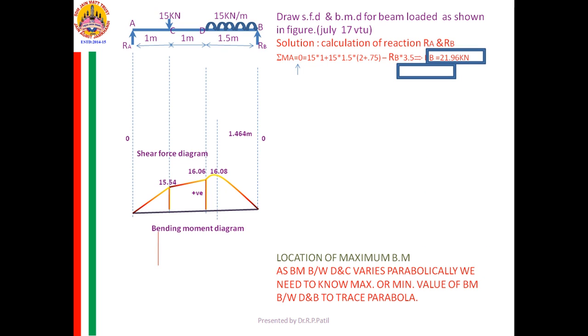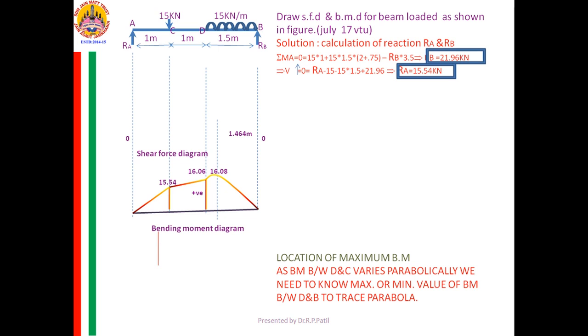Now I need to calculate the value of RA. Either you can take total of vertical force equal to 0, or you can take moment about the point B. Vertical force equal to 0, upward I am taking positive. RA is upward, positive, minus 15 into 1.5 plus RB, but RB value is 21.96.